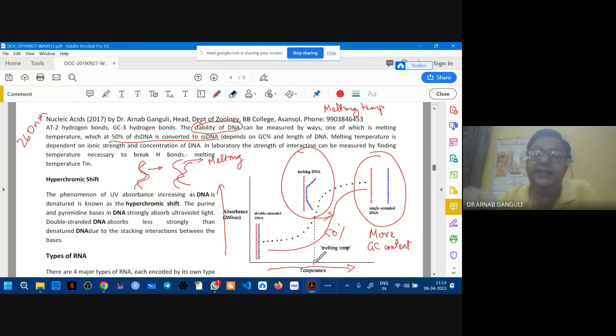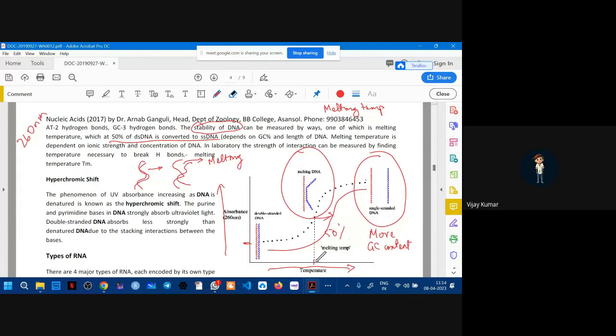Double-stranded DNA has lower absorbance, and single-stranded DNA at 260 nanometer will give a higher absorbance. Clear? Yes, no? Did you understand? Yes, sir. Okay.